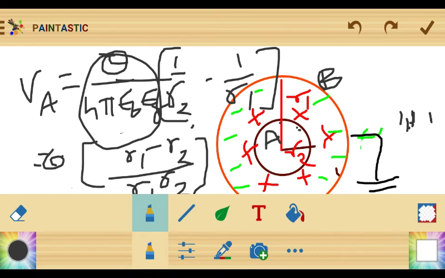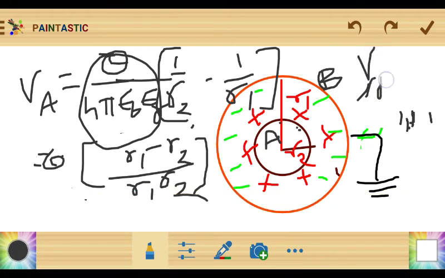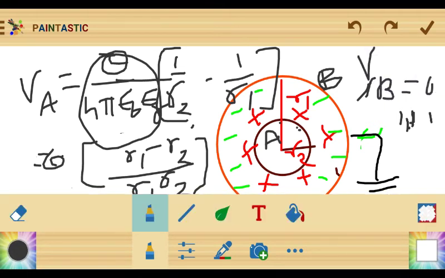Now what I need to do now, if we talk about the potential of the outer layer of B, so this is the total potential, remember. Since the outer layer of sphere B is connected to earth, the potential of B, VB, is 0.